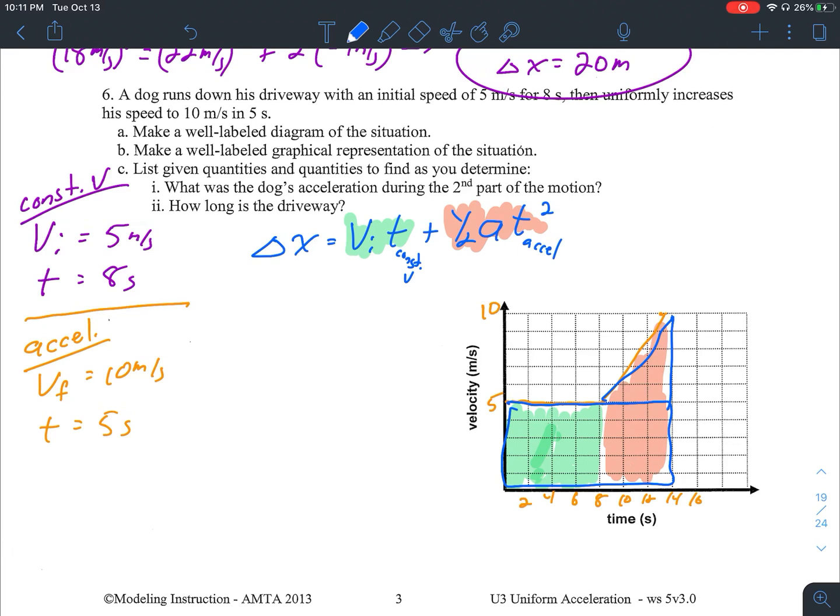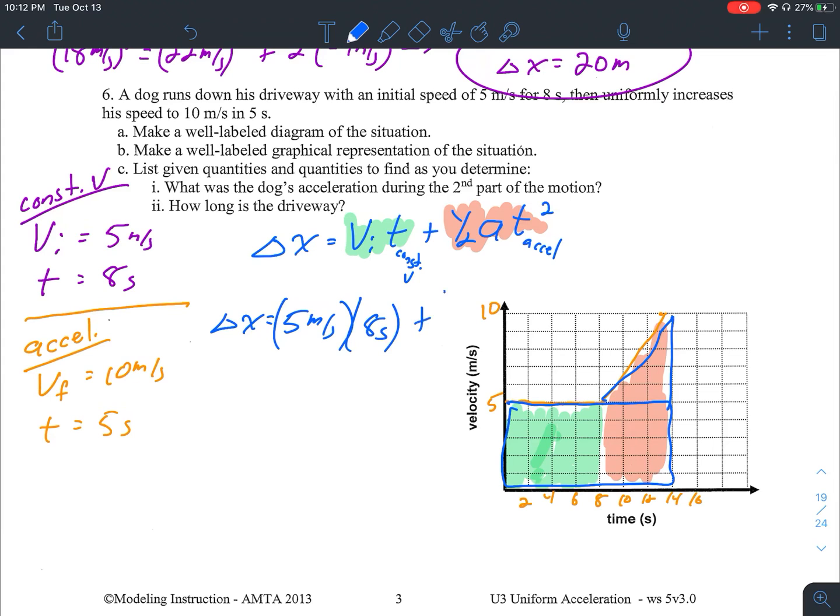So when we have variables that are the same letter, we want to add subscripts to specify, so that when we add in our data, we understand a little bit better.